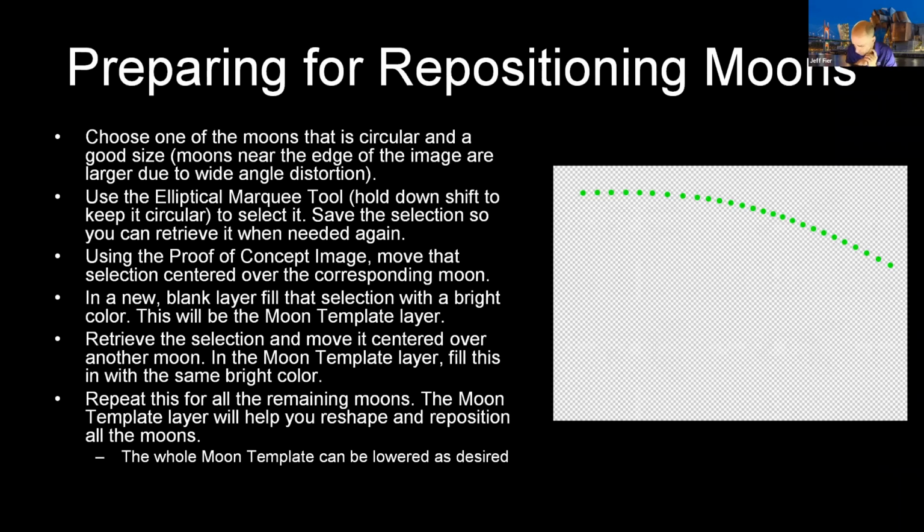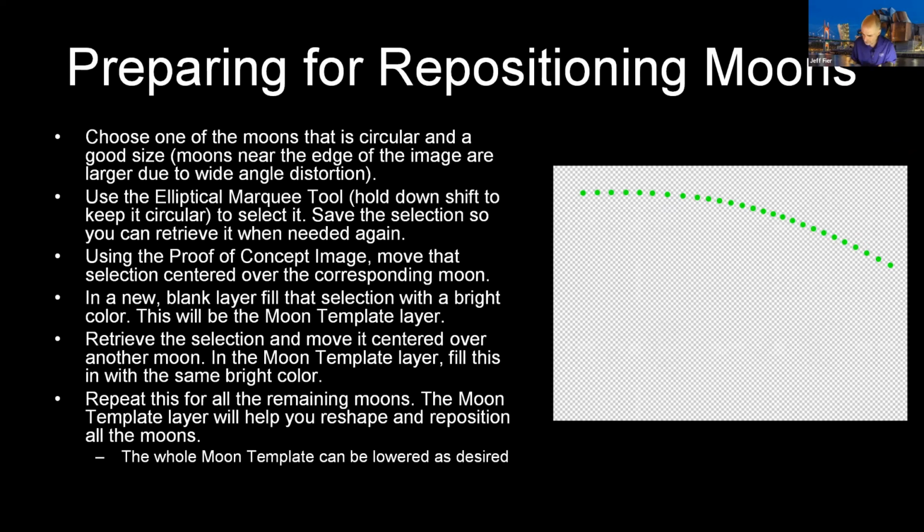Okay, so these moons that we're placing onto the picture, since I've doubled the size of them, I'm going to have to move them into location to get them to the proper place. I have my proof of concept image to show me where they need to be, but the moons in the proof of concept image are of varying sizes due to the wide angle lens distortion.